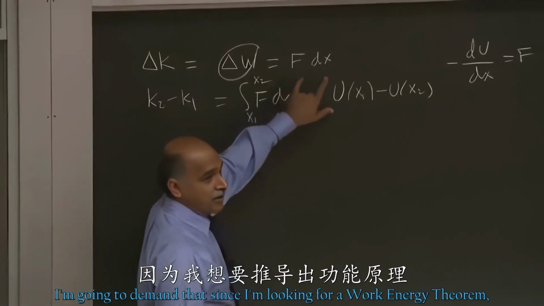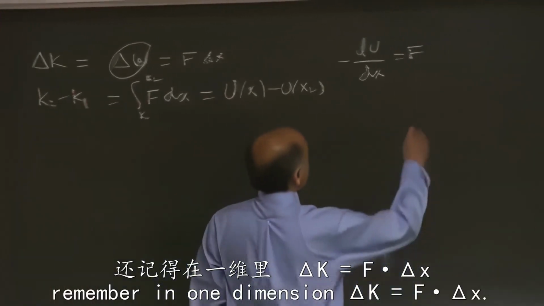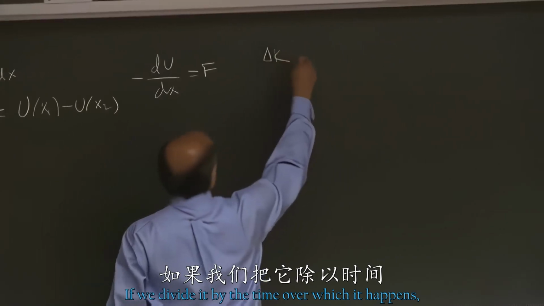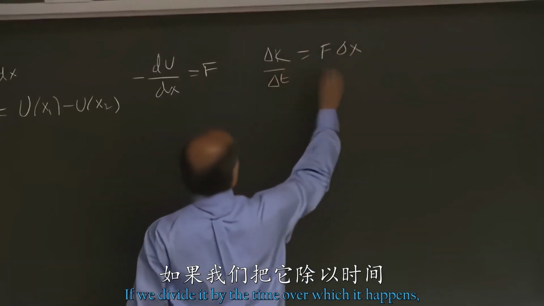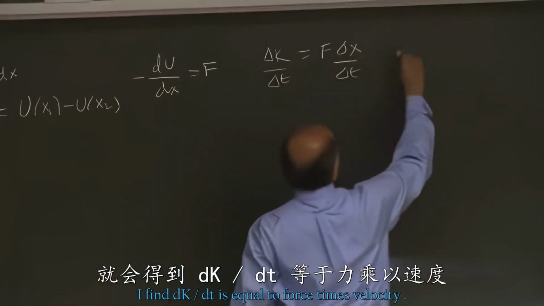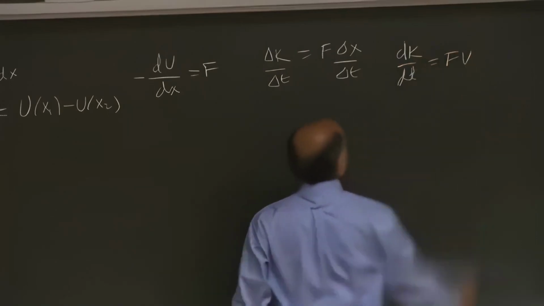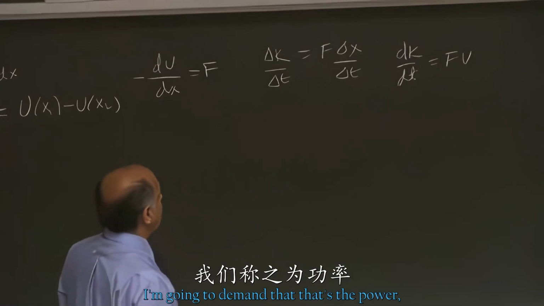Since I'm looking for a work energy theorem, I'm going to demand that, remember in one dimension, delta K is F delta x. If you divide by the time over which this happens, I find dK dt is equal to force times velocity. I'm going to demand that that's the power.